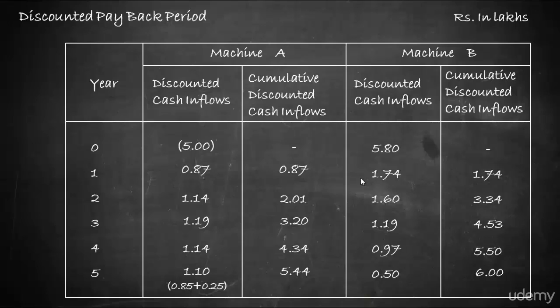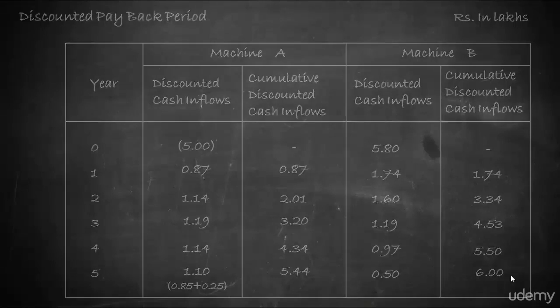At what point is this 5.8 lakhs recovered? In the fourth year 5.5 lakhs have been recovered. In the fifth year it has crossed 5.8, touching 6 lakh. So for mission B also the payback period is between 4 and 5 years. Now let's see how to find the discounted payback period for A and B.